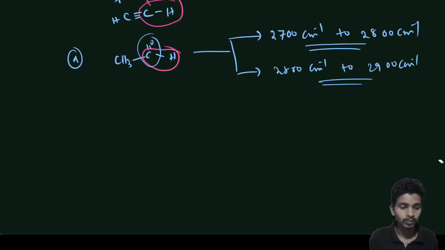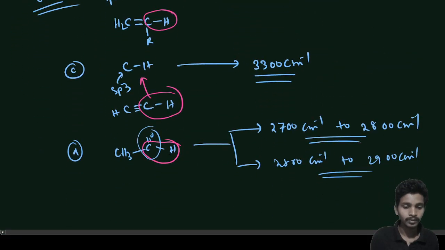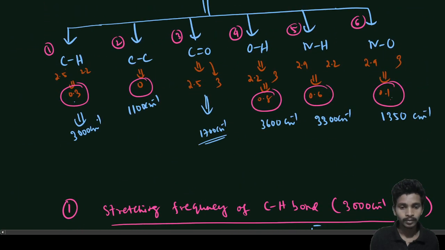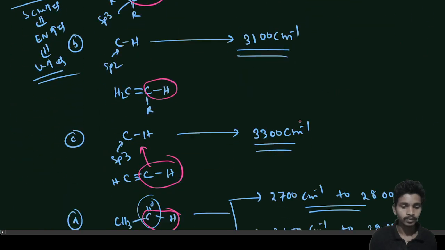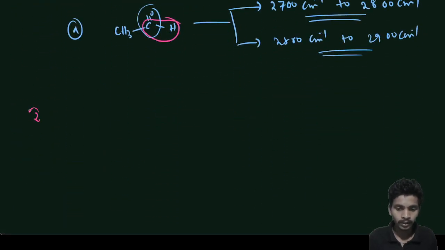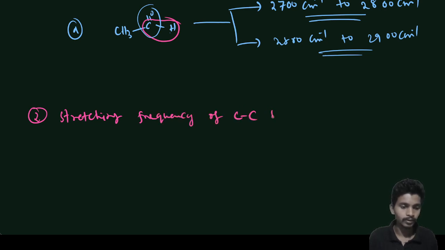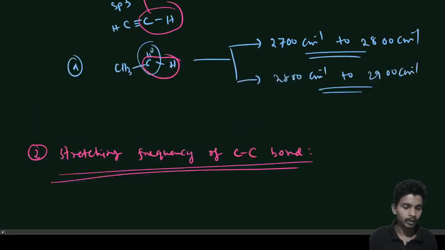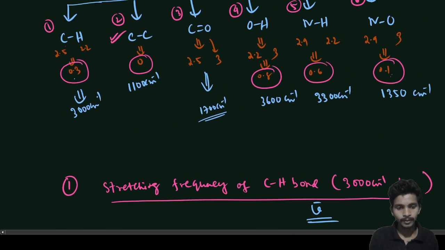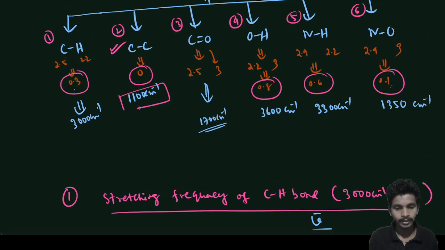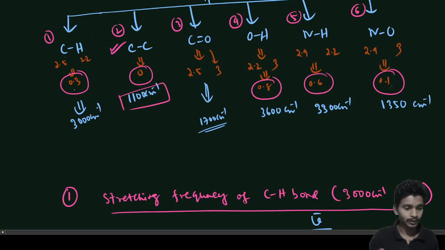Now we will move to the next group, that is the stretching frequency of CC bonds. For CC bonds the range will be very low, around 1100 centimeter inverse, because the polar difference is 0.